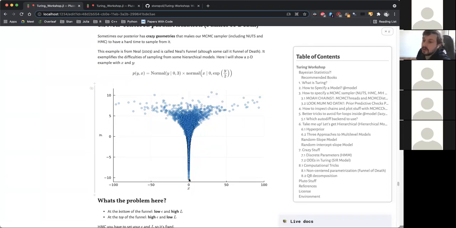And at the bottom of the funnel, you need the opposite: a high epsilon and low L, to take small steps and a lot of steps to escape this funnel.